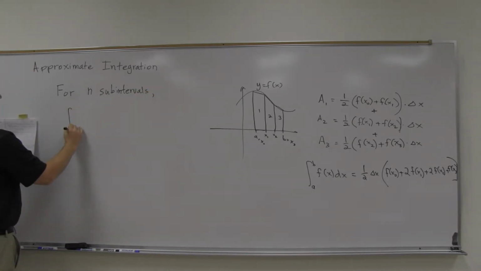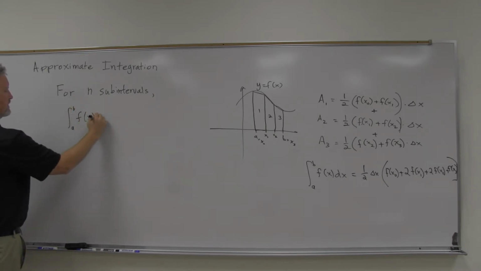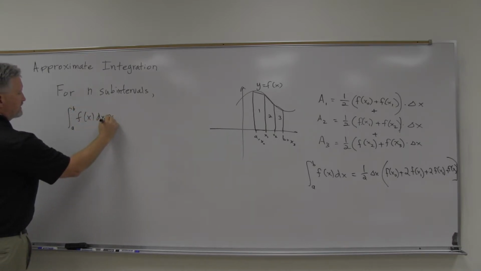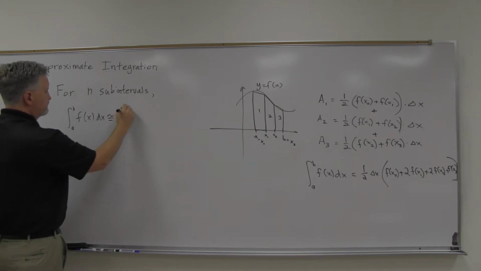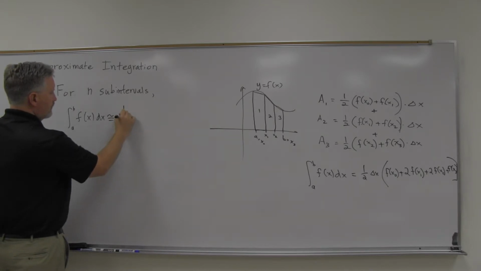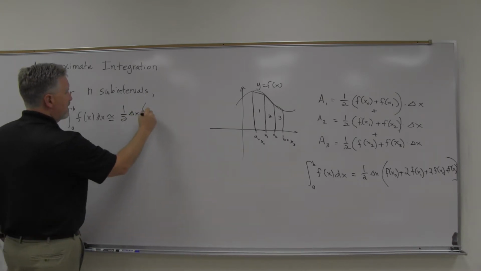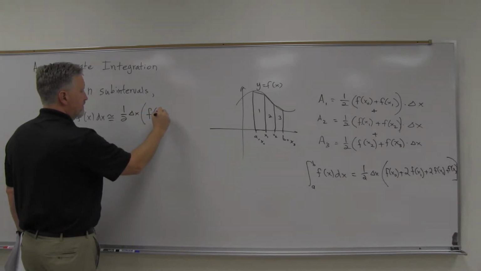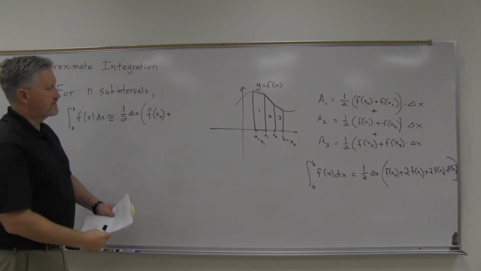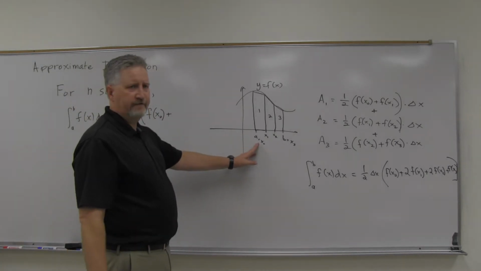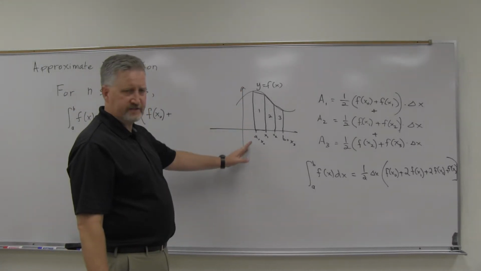The integral from a to b of f of x dx is approximately equal to 1/2 delta x, or delta x over 2 if you want to write it that way, f of x sub 0. So you're always just going to have 1 of the f of x0.